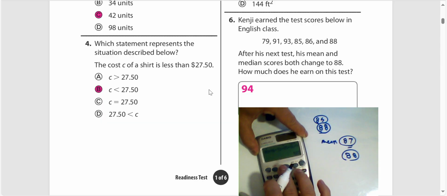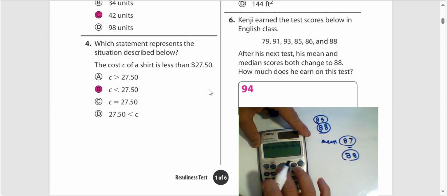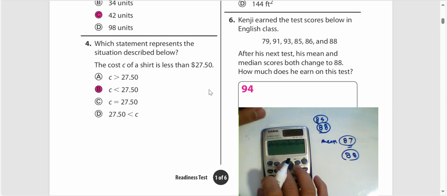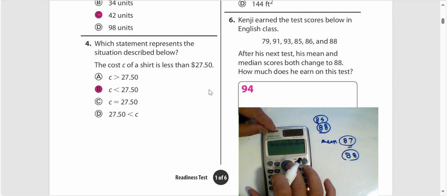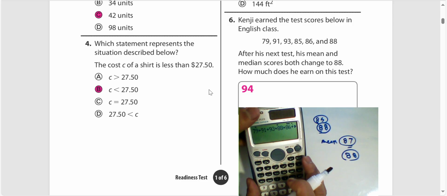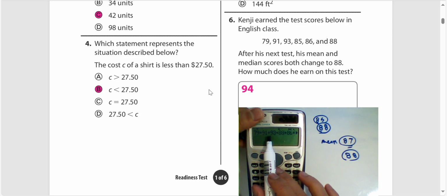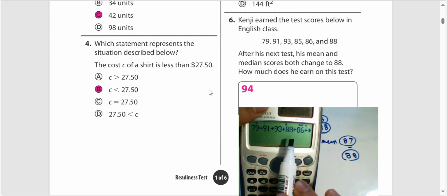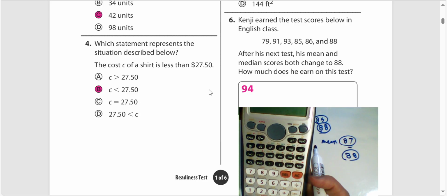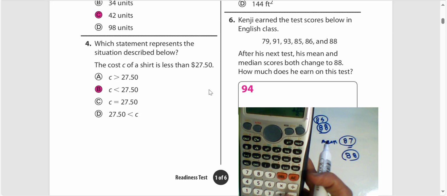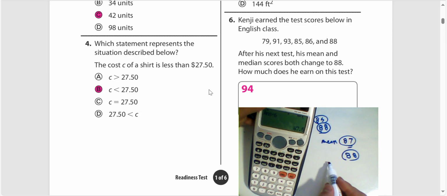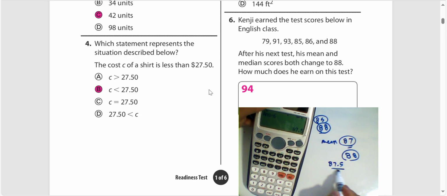If we convert, the number in the median here was what? 85. Okay, convert 85 in the median. We have 88, 79, 91, 93, 85 converted to 88, and then divided by 6, it will be 87 and a half.